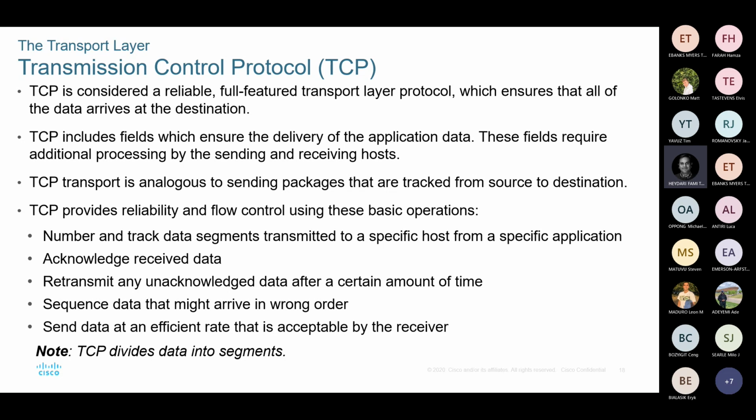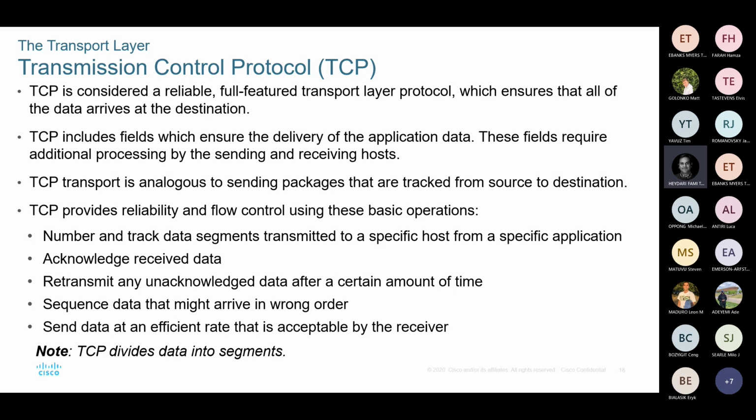UDP does not have any flow control mechanism. It's only TCP. Guys, the things I'm going through are pretty much interview questions, basic things around TCP and UDP. I'm not talking about advanced stuff, but for your level, you're going to get questions about the TCP three-way handshake. You're going to get questions around TCP flow control, what we mean by that.